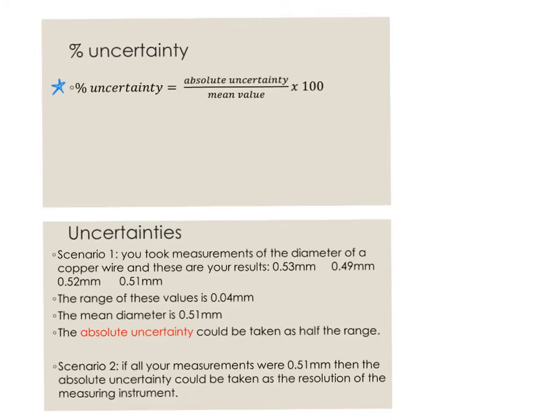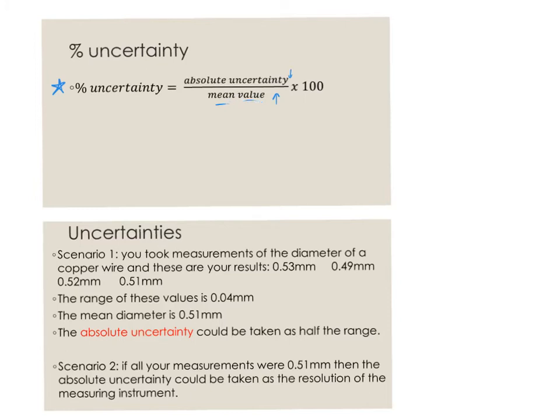We can also discuss later on when we start doing the experiments how we can make that percentage uncertainty get less and less. But if you're okay with your mathematical skills for now, usually the higher the mean value you measure, and the lower the absolute uncertainty, the lower the percentage uncertainty in general. So the higher the denominator, the lower the percentage uncertainty you'll end up getting.